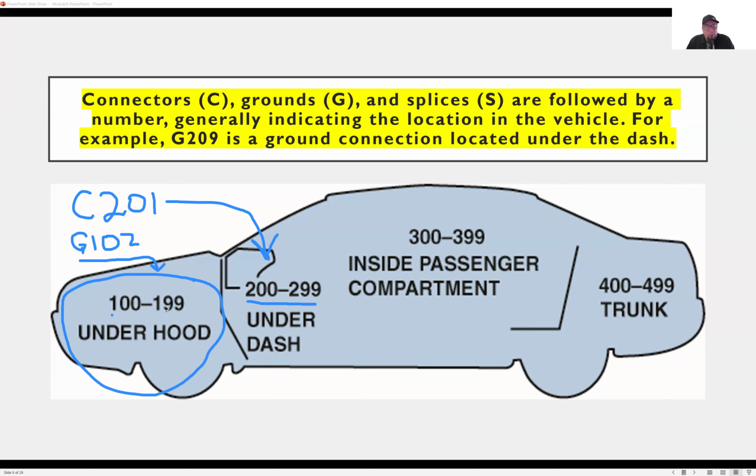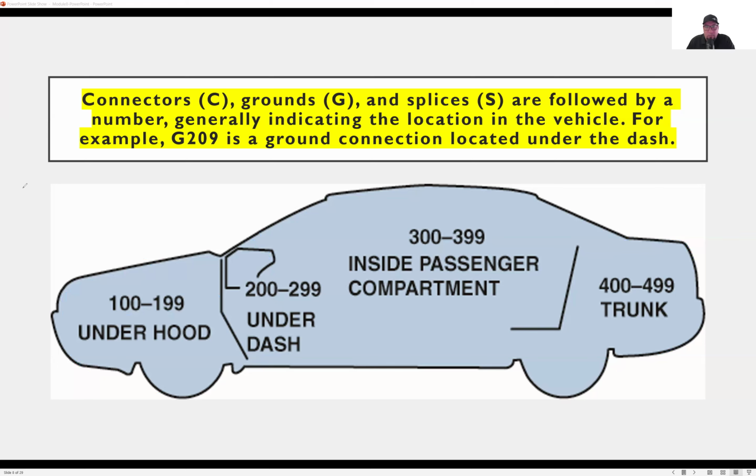So anything with 100 to 199, we're looking under the hood. 200 to 299, we're looking under the dash. 300 to 399, we're looking in the passenger compartment. And then 400 to 499, we're looking at the trunk area. Okay. And that goes for grounds, splices, and connectors. So we're looking at the 3-digit number. Where is it located? And that's going to give us a rough idea. Is it in the front, under the dash, in the passenger compartment, or in the trunk area? Okay.